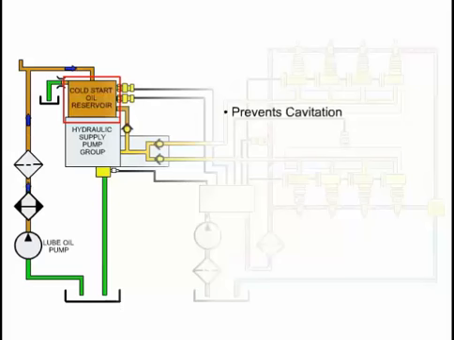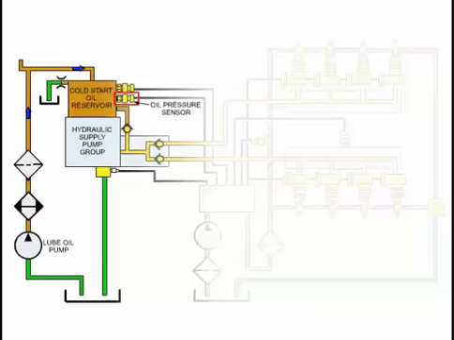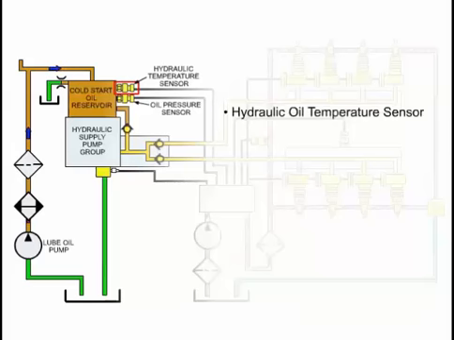This reservoir prevents the hydraulic pump from cavitating during initial engine cranking until the lubrication pump can supply adequate charge pressure. An oil pressure sensor is located in the cold start oil reservoir, which is also the inlet to the hydraulic oil pump. The sensor monitors lubrication oil pressure. An oil temperature sensor is also installed in the reservoir. This sensor will be referred to as the hydraulic oil temperature sensor.